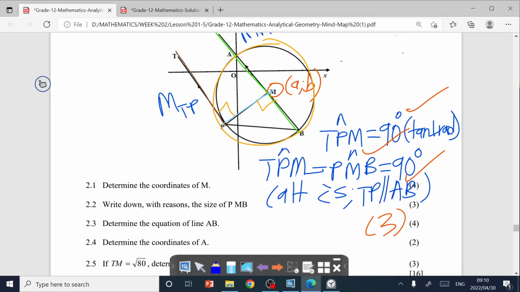So that's the 3 marks. That's how you mark that. If you don't have reasons, you get 2. Therefore, PMB is equals to 90 degrees. Are we good? Next question.